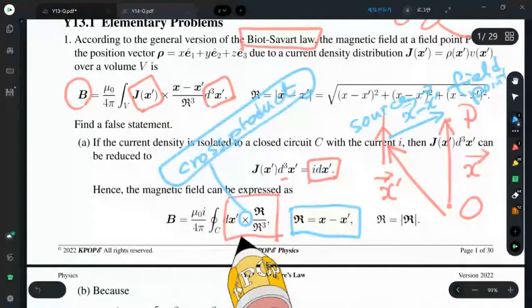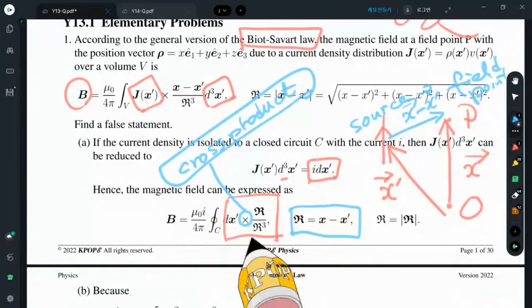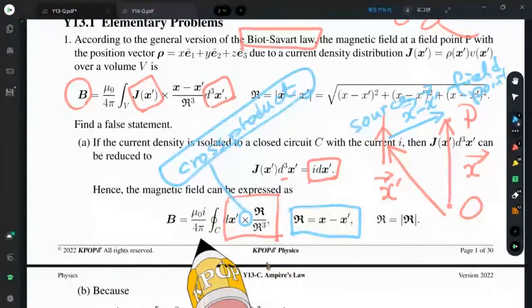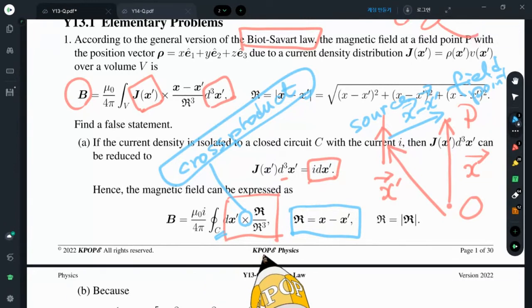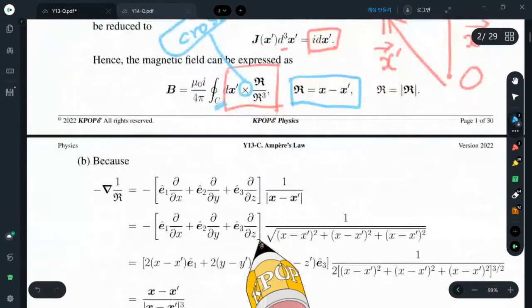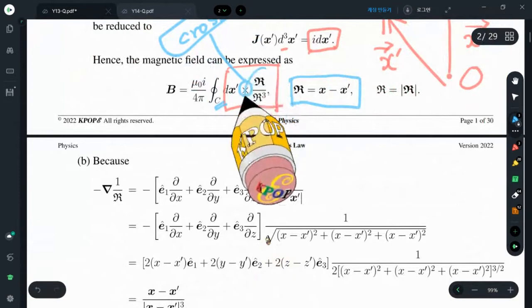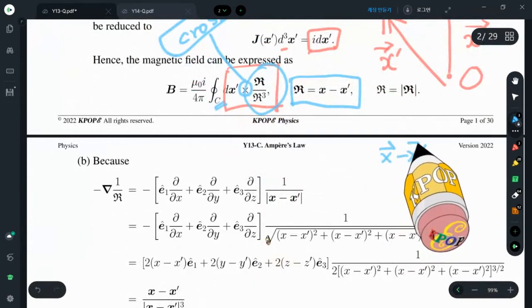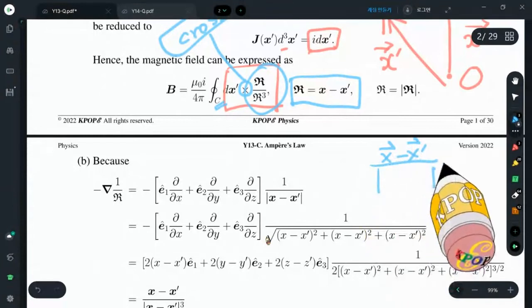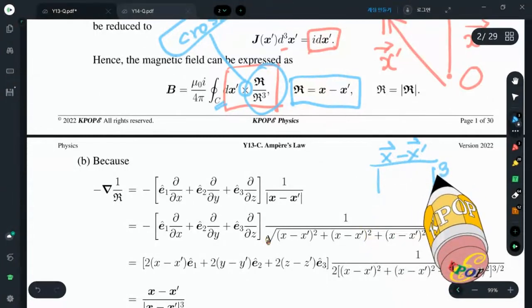So using this expression, we can always compute the magnetic field as long as we know the explicit geometry of the circuit. By the way, we are very familiar with this x minus x prime divided by its magnitude cubed. That appears in Coulomb's law.